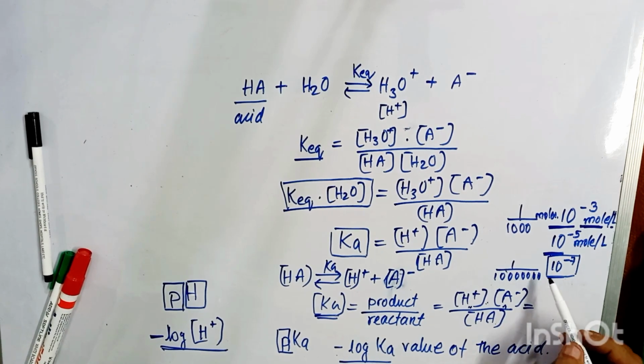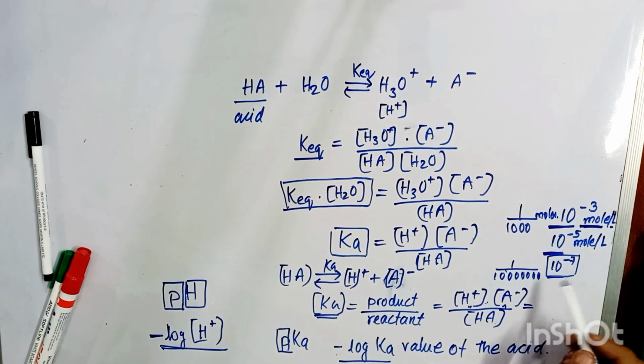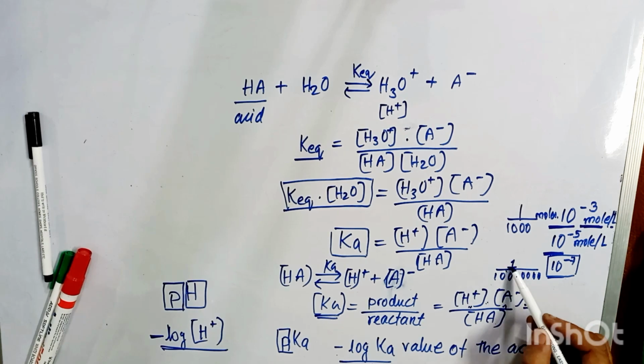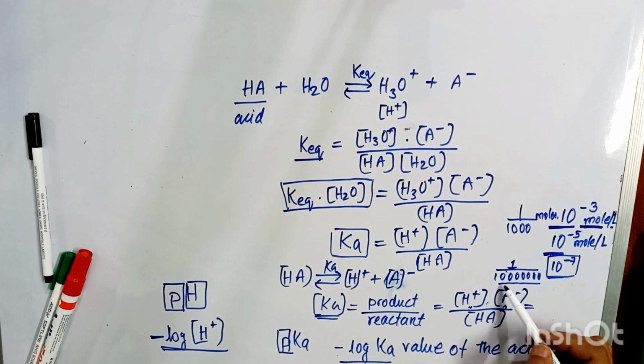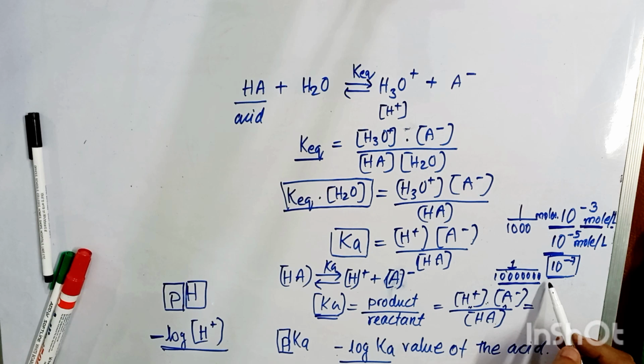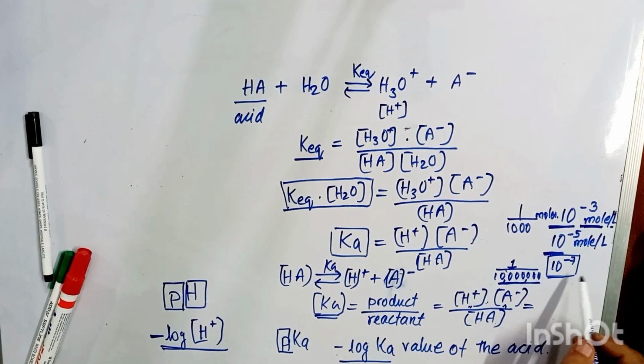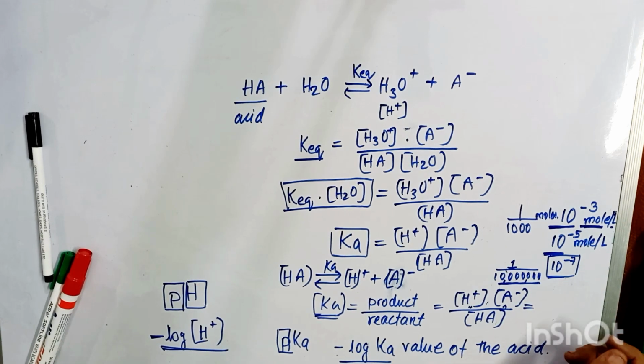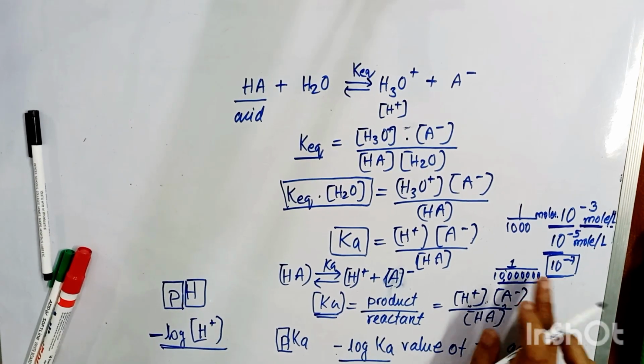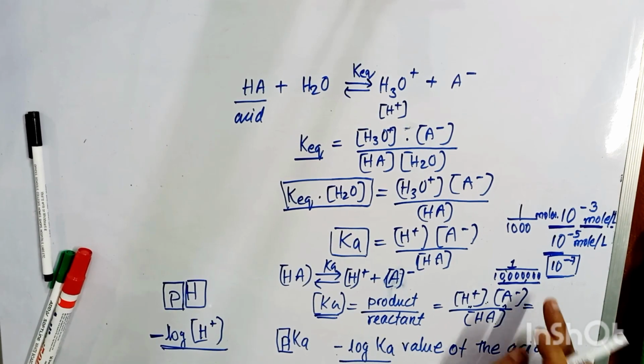So it has given a very low amount of hydrogen: 1 by 10 million moles per liter of hydrogen ions. It's a much lower concentration of hydrogen ions.